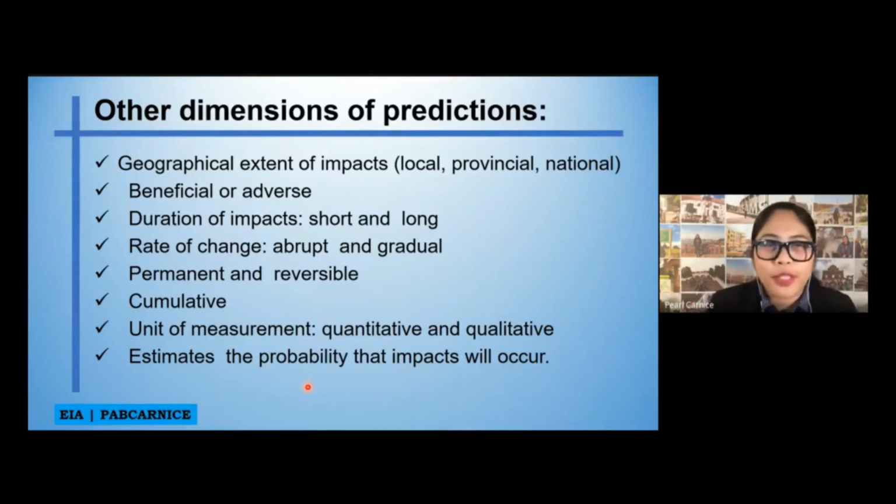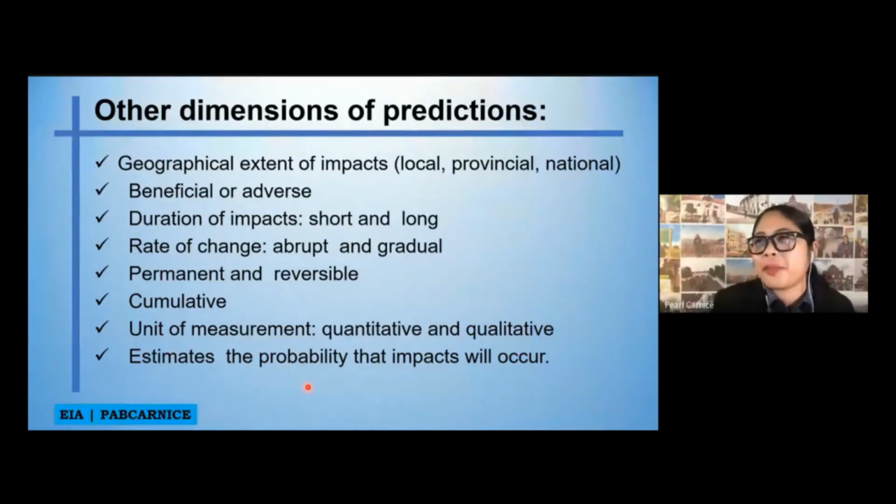Let us say 20%. And then after 3 years, the water quality was degraded by an additional 10%, in which after 6 years, the cumulative degradation of water quality resulted to 60%.